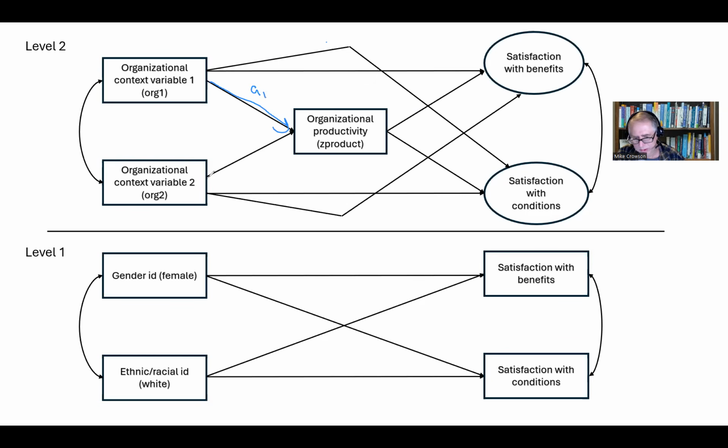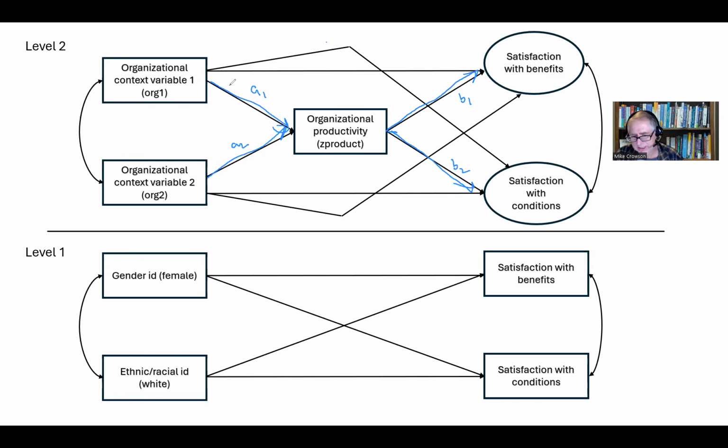Then the path from organizational context 2 to productivity, we're assigning this A2. Then from organizational productivity to satisfaction with benefits, at an organizational level, we're going to name that B1. And then from organizational productivity to satisfaction with conditions, again at the organizational level, we're going to name that path B2.